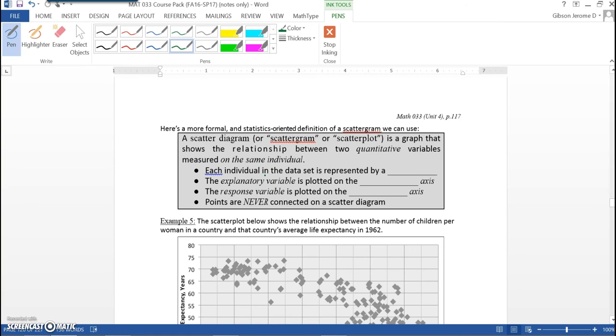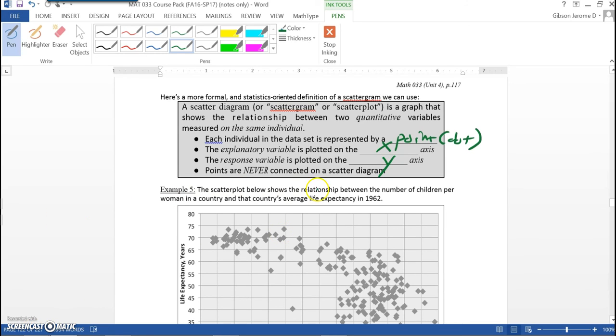Each individual in the data is represented by a point, or you could say a dot. The explanatory variable is plotted on the x-axis. The response variable is plotted on the y-axis. Points are never connected on a scatter diagram.